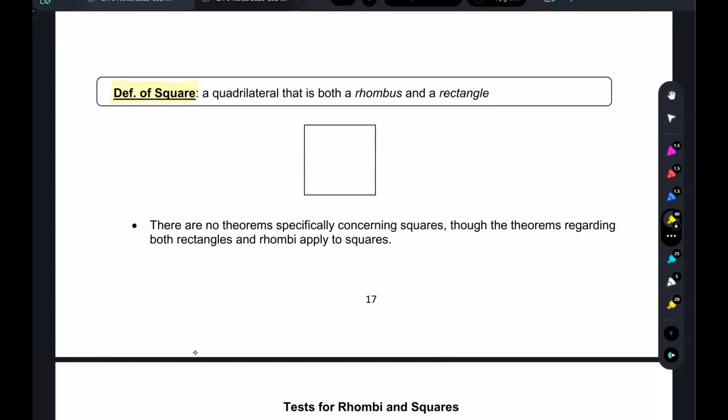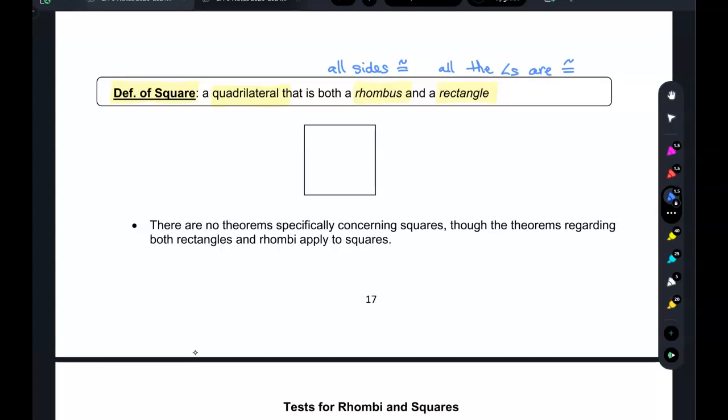Okay, definition of a square. It's a quadrilateral that is both a rhombus and a rectangle. So if I took the definition of a rhombus, which says all sides congruent, and a rectangle, which means all the angles are congruent, I put those two together.